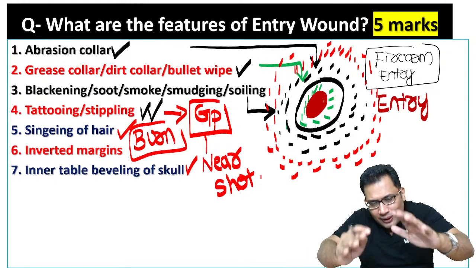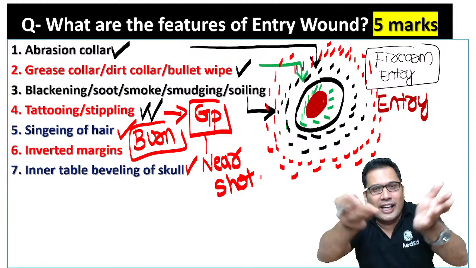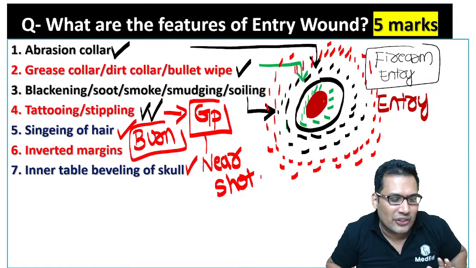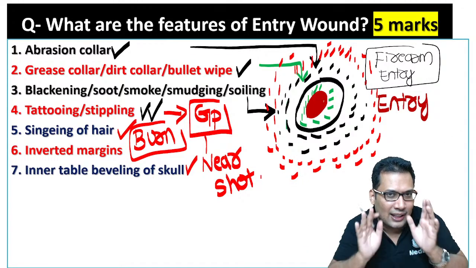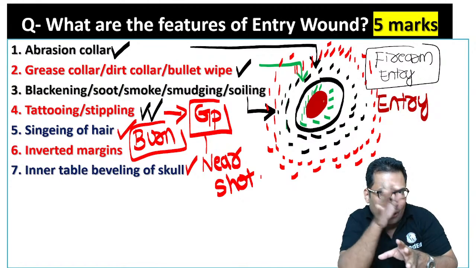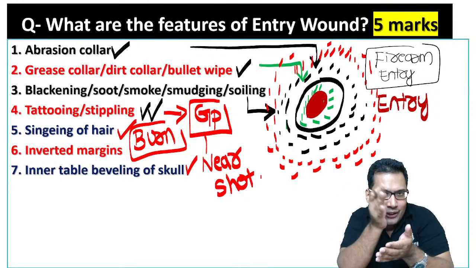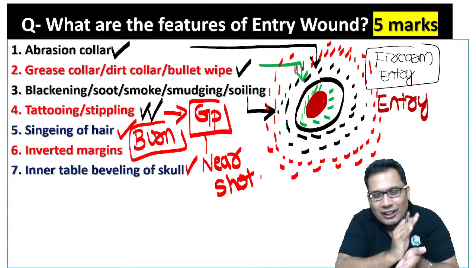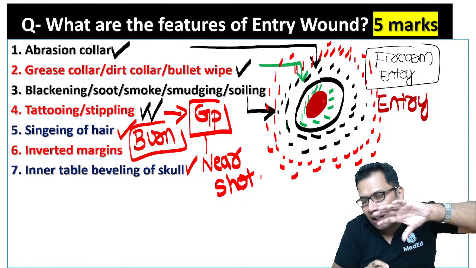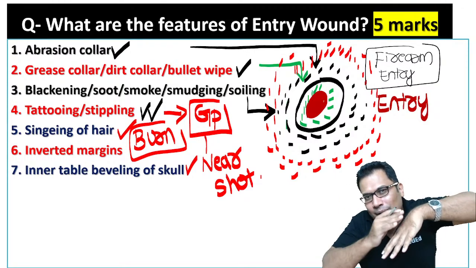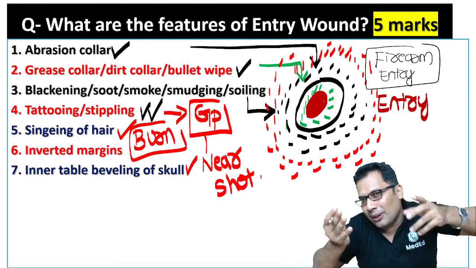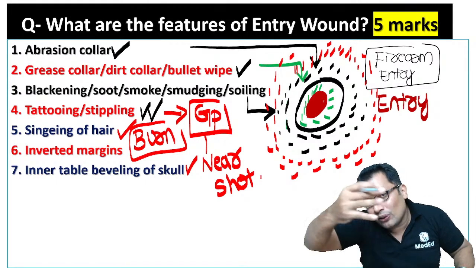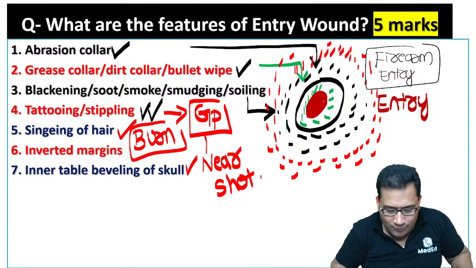If the outer table is more damaged, it is exit wound. Try to understand this. If the inner table is more damaged because it is unsupported in entry wound, then it is inner table beveling. In exit wound, the outer table is unsupported, so it is more damaged. So the opposite you need to write in the exit wound.